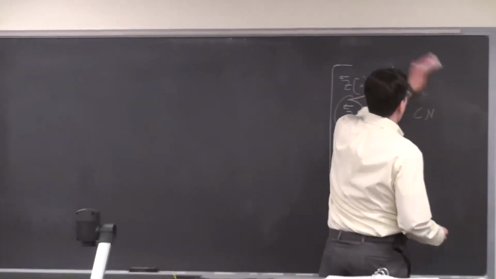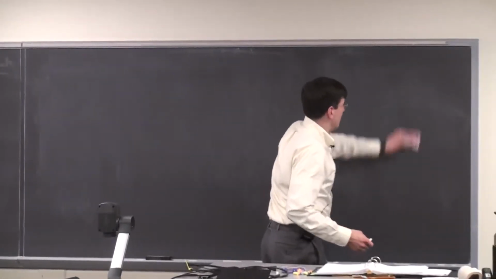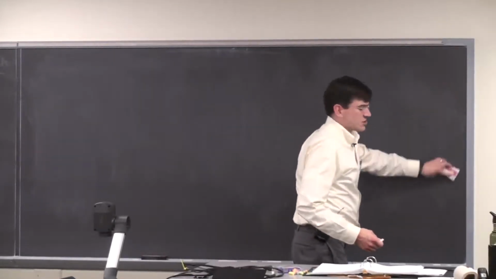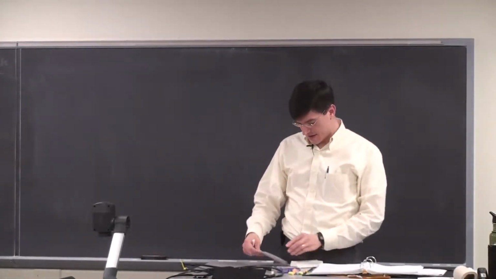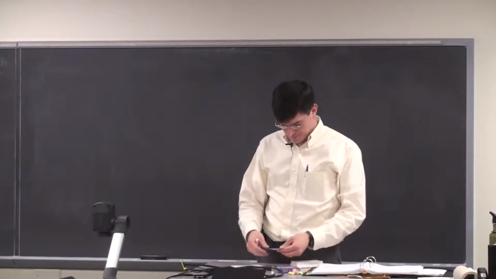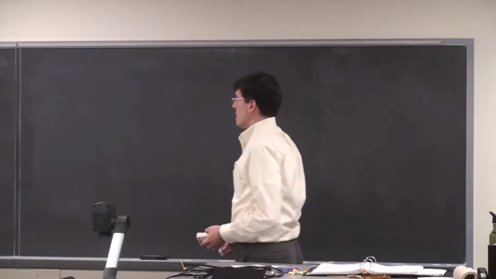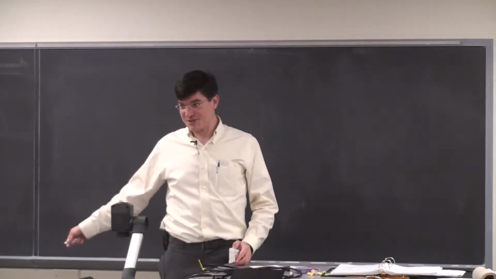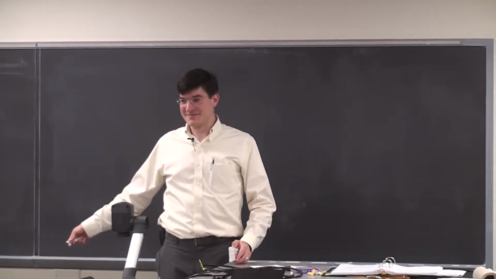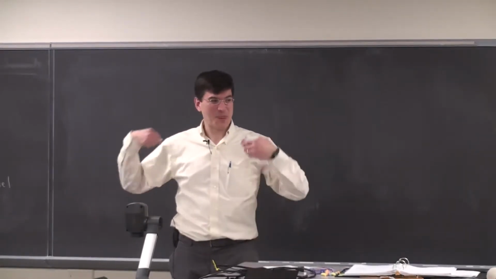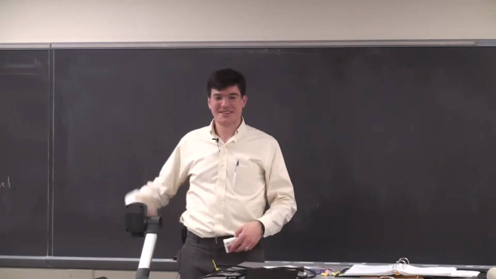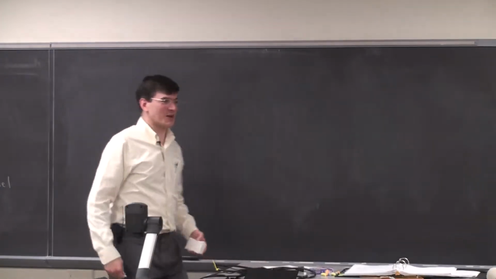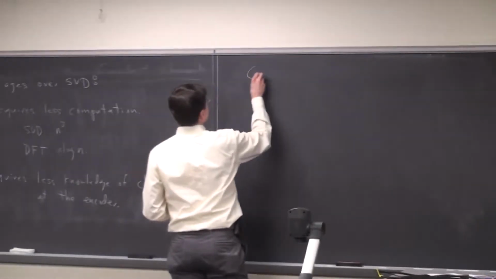Okay. So that's the circulant case, right? Real channels are not circulant, however. Our channel is not circulant. It's Toeplitz. So we've got to bridge the gap from circulant to Toeplitz.